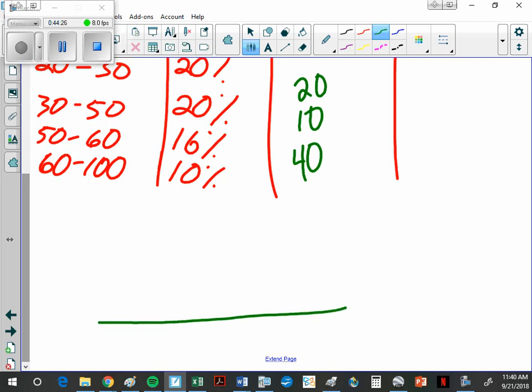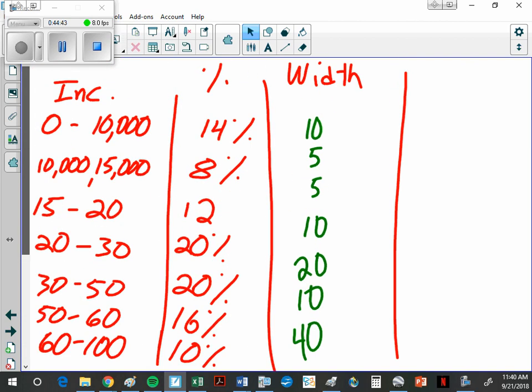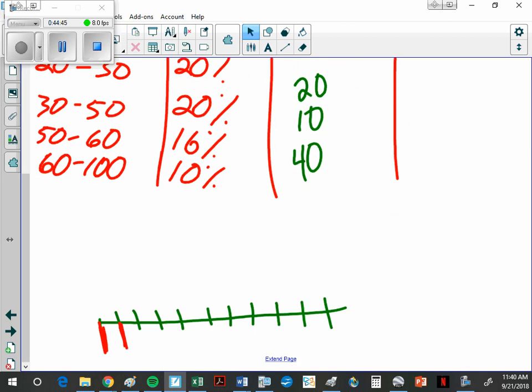So let me go all the way up to 100. 10, 20, 30, 40, 50, 60, 70, 80, 90, 100. So my first interval is this big. Okay? And my second interval, if I go back up, is 5.